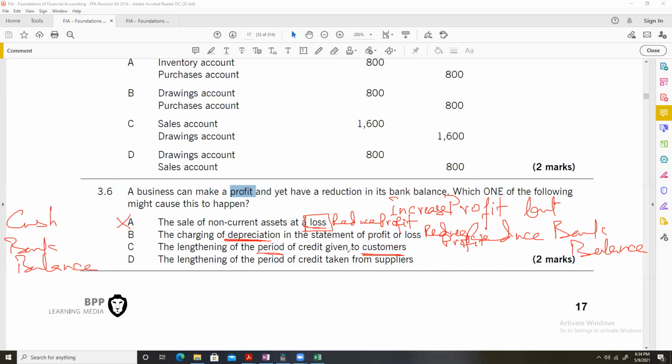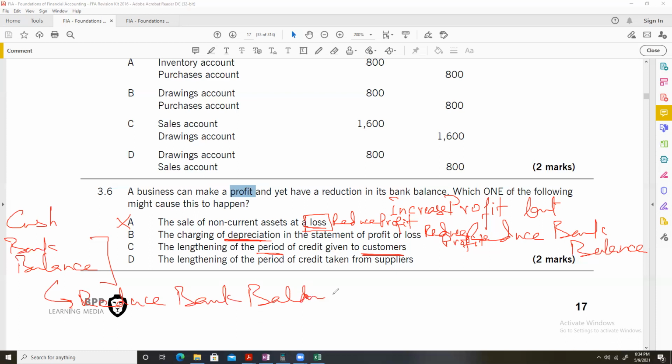Let's suppose these customers are making payments through checks. Now they will have more time and will make payments at later dates. The payment from the customers will be delayed, so a delay in payments by credit customers will reduce your bank balance.